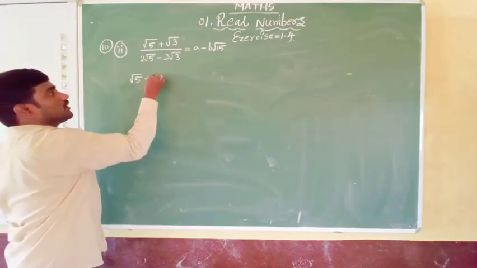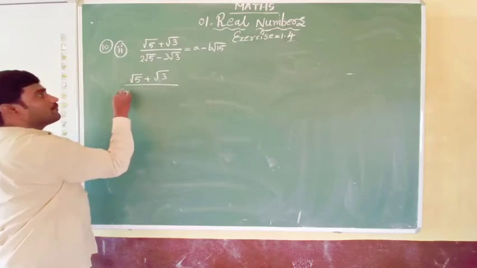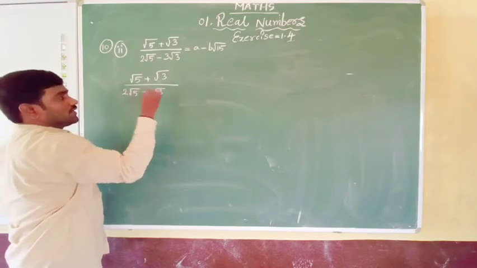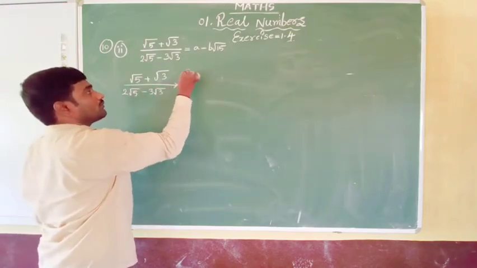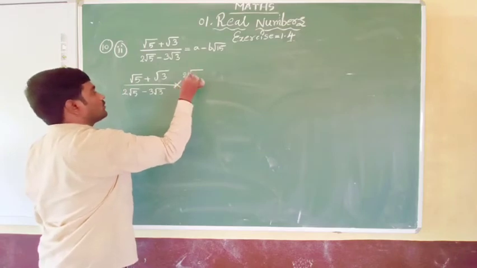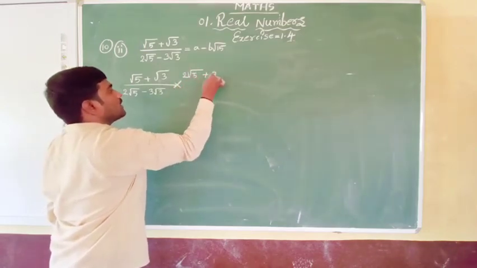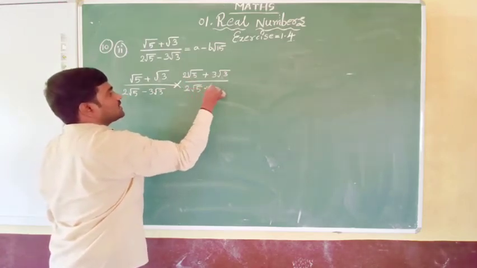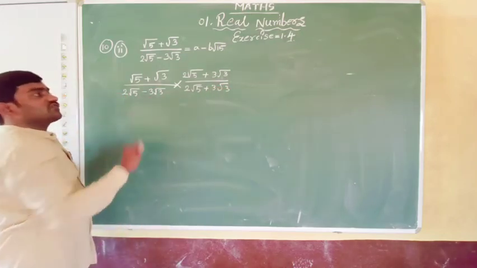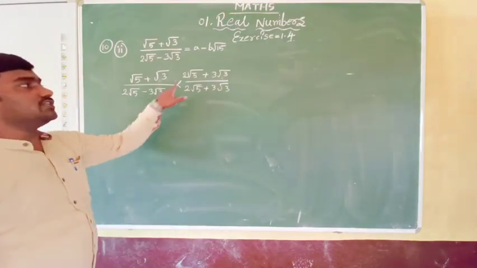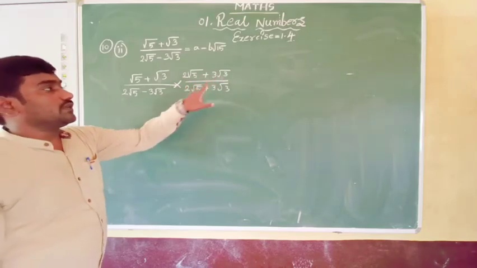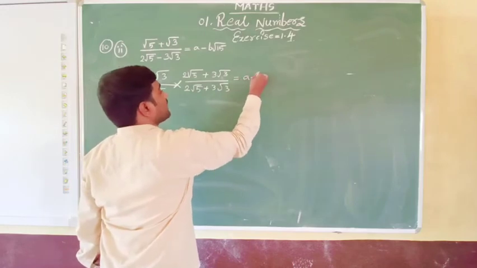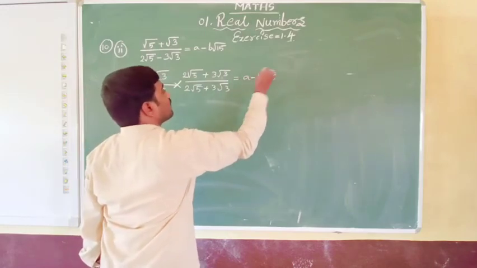Root 5 plus root 3 by 2 root 5 minus 3 root 3 into 2 root 5 plus 3 root 3 by 2 root 5 plus 3 root 3. The rationalizing factor of 2 root 5 minus 3 root 3 is 2 root 5 plus 3 root 3. That equal to is given at the RHS side a minus b root 15.